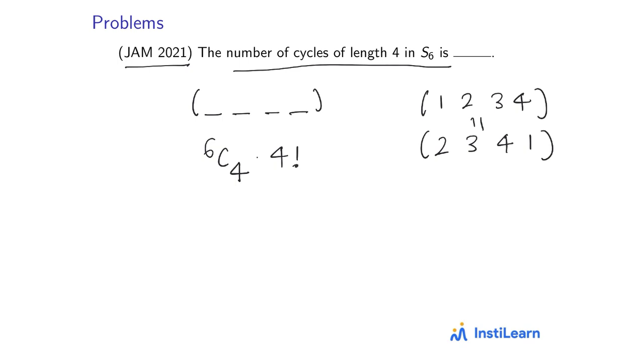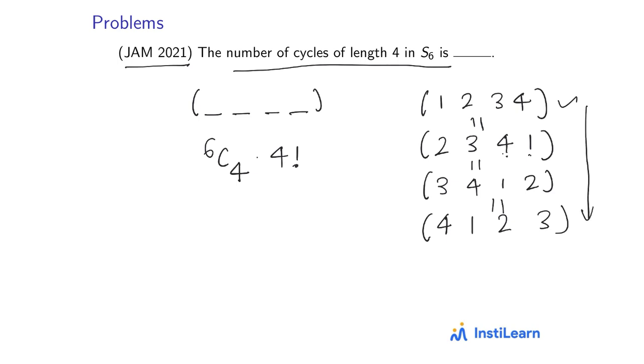The same thing is happening here: 2 is going to 3, 3 is going to 4, 4 is going to 1, and 1 is going to 2. Again, if you cyclically change them, like (3 4 1 2), it is the same, and (4 1 2 3) is also the same. So for each cycle, there are 4 representations which are the same, so you need to divide by 4.